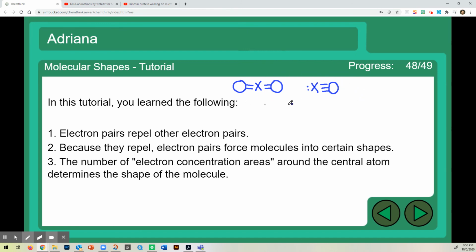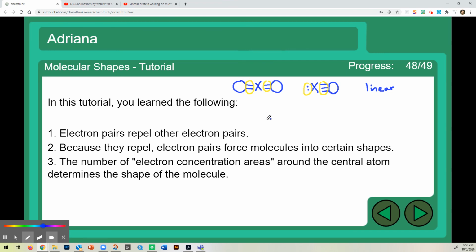These are generally, not always, but generally going to be linear because they have two areas of electron concentration around them, right? It looks different depending on the way, but they each have two areas of electron concentration around them. And so that's going to be linear.